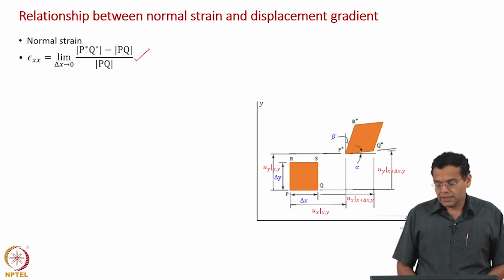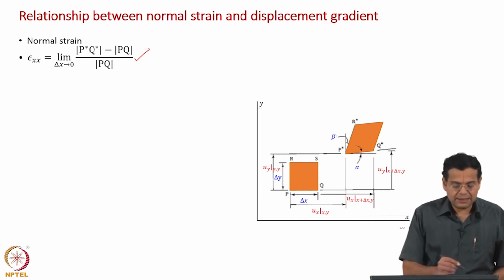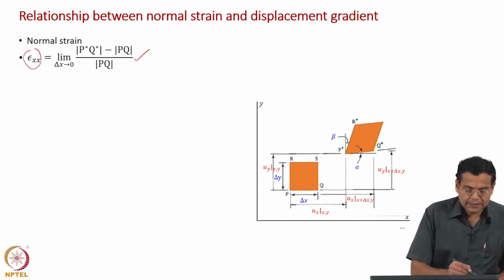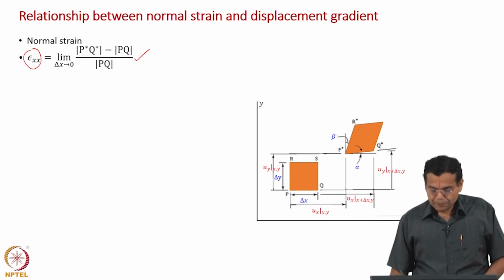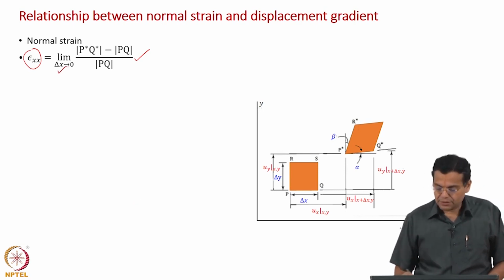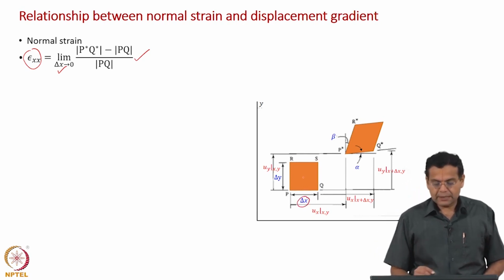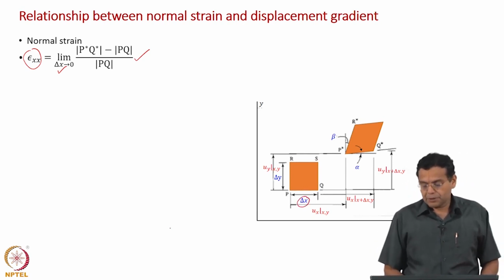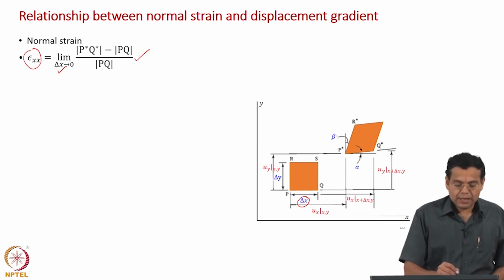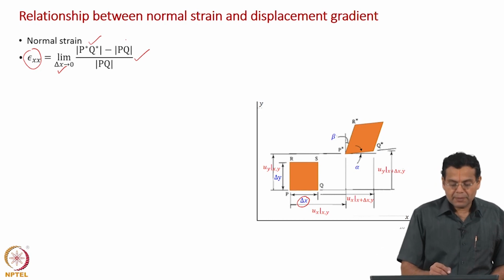We are considering a line element along x axis and hence it is epsilon xx. So, limit delta x tending to 0, okay, and the line element PQ has become P star Q star. So, length of P star Q star minus length of PQ divided by length of PQ.